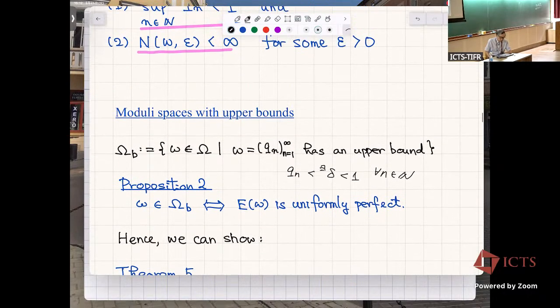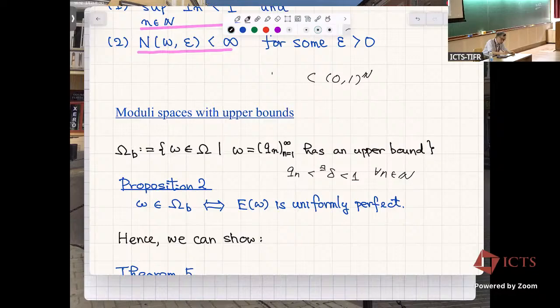Yeah, so I'll explain. Our interest is the structure of the moduli spaces, but here I consider the volume of the moduli space. The moduli space is a subset of an infinite direct product of zero-one intervals.